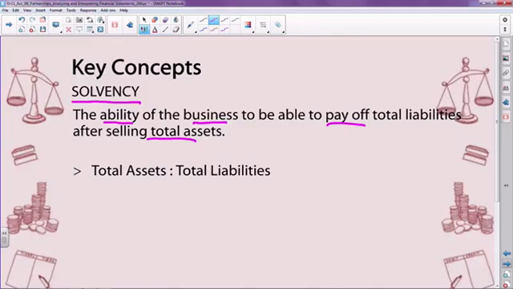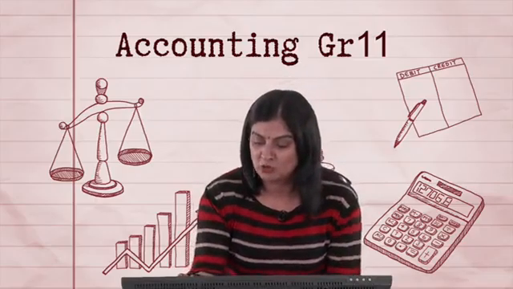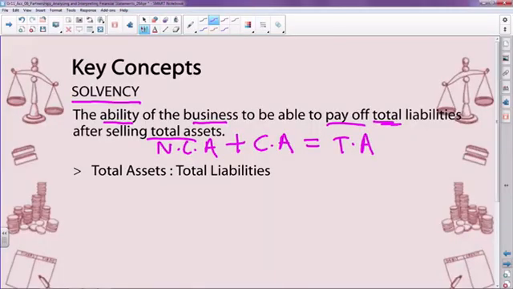When we talk about total assets, we're talking about your non-current assets plus your current assets. If we convert our total assets into cash, will we be able to pay off our total liabilities, or total debt?